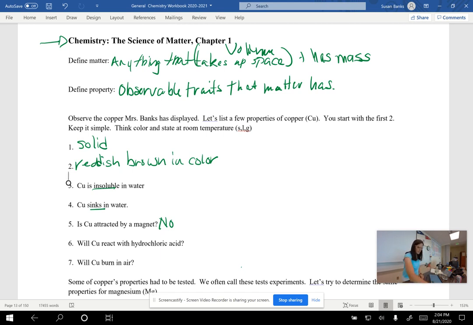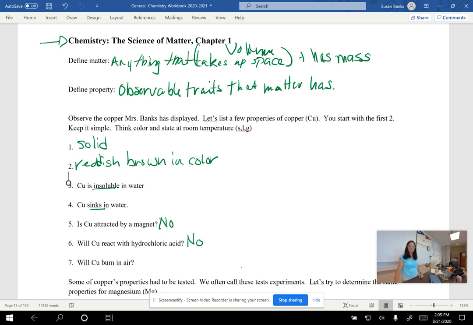If I put some copper beads in here, do we see any reactivity going on? I don't see any bubbling, any fizzing. I don't see the copper dissolving at all. I don't see any reactivity. So I would say on that question, will copper react with hydrochloric acid? That would be a no.